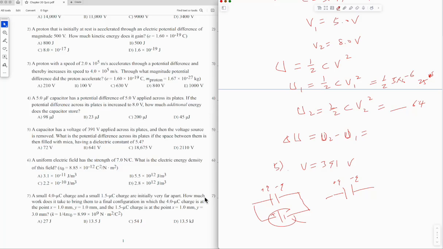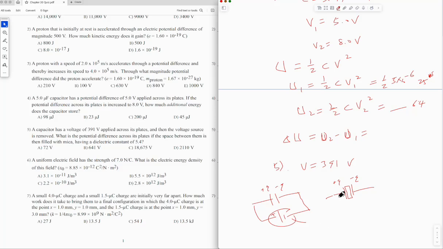mica? Okay, so what happens here? You trap the charge, then you put mica inside. So how to solve this kind of problem? First, look at what is the charge you trapped here.